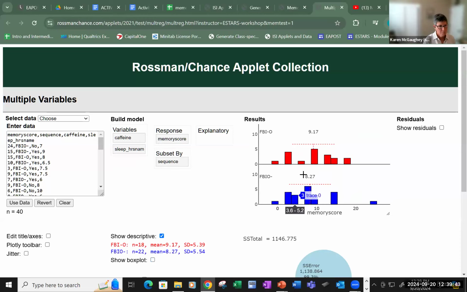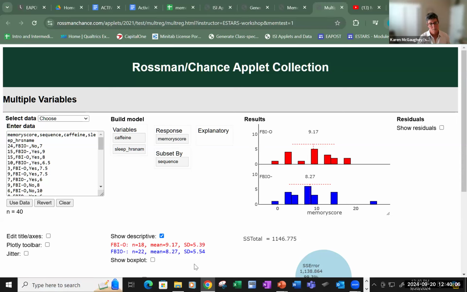Okay. So now we've got the mean number of letters that was correctly recalled for the FBI sequence is 9.17, and the mean for the FBIO sequence is 8.27, and we've got some standard deviations down here.